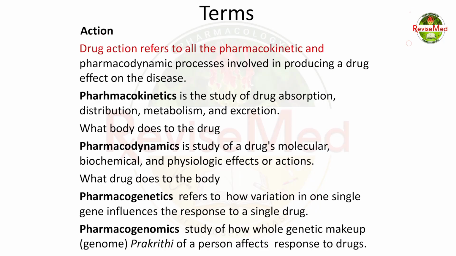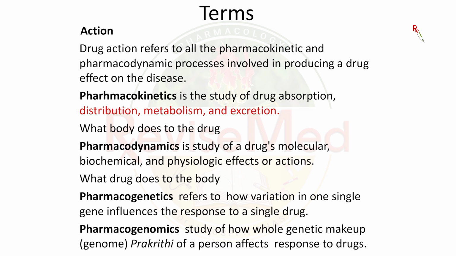Action. Drug action refers to all pharmacokinetic and pharmacodynamic processes involved in producing a drug effect on the disease. What is pharmacokinetics? You will frequently hear about this in the text. Pharmacokinetics is the study of drug absorption, distribution, metabolism, and excretion.